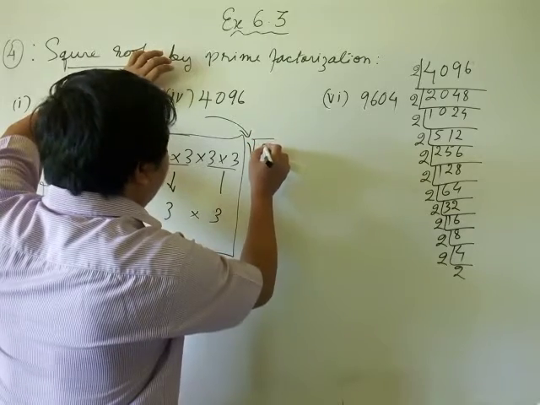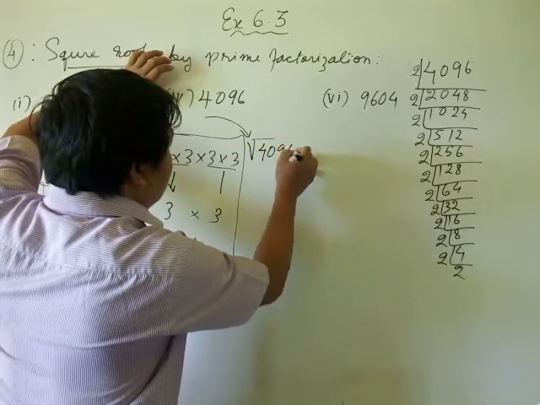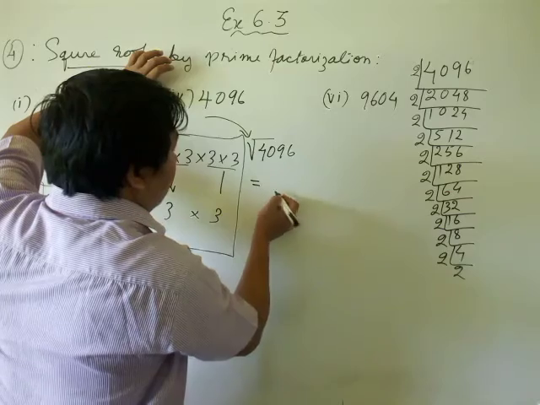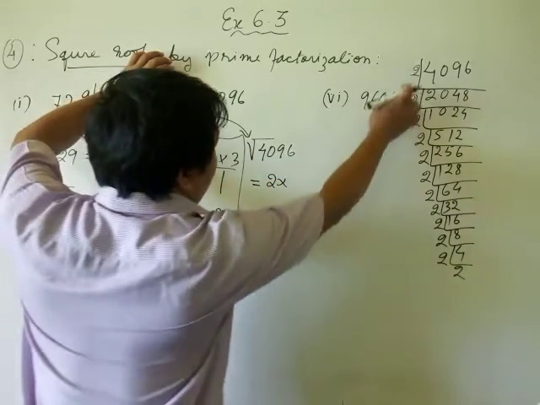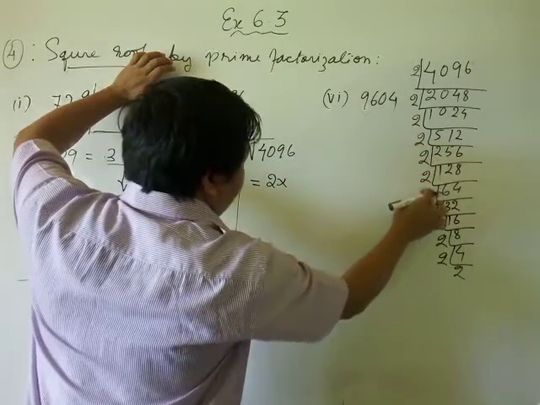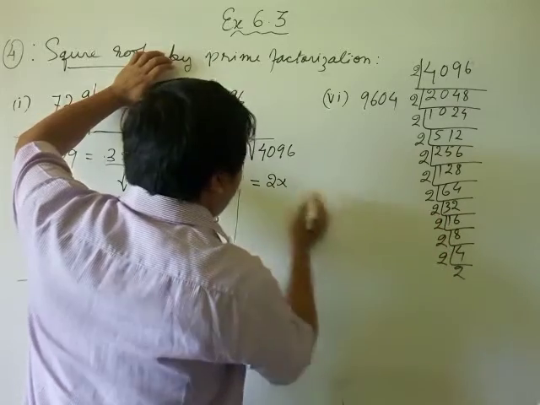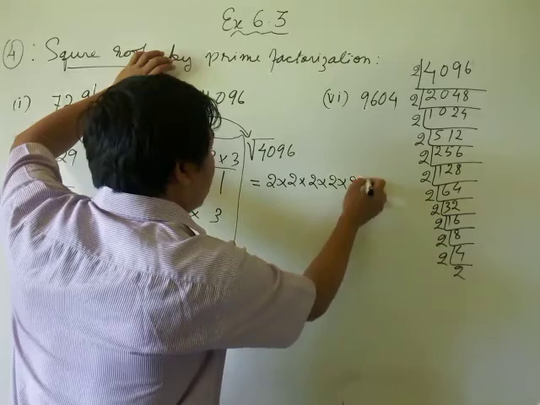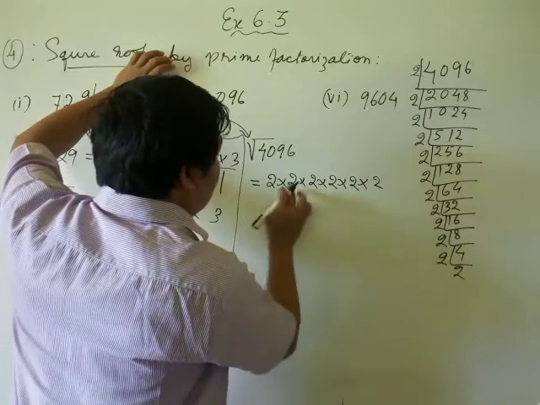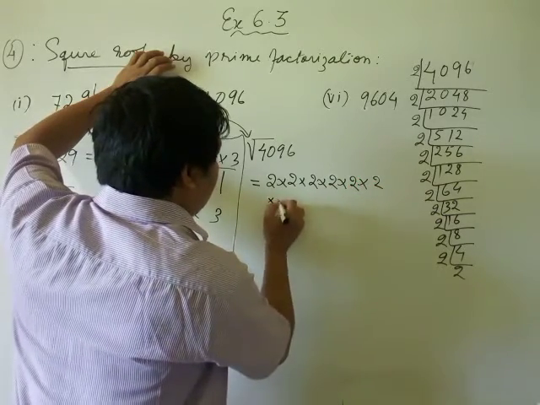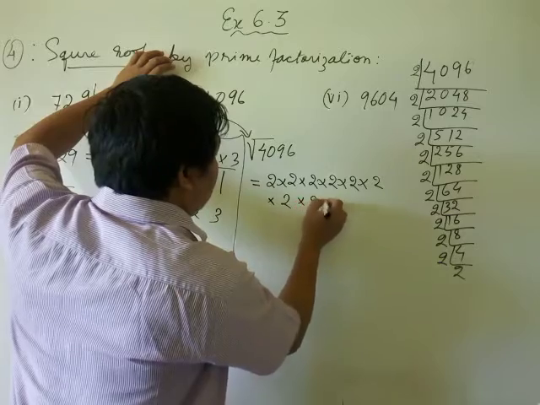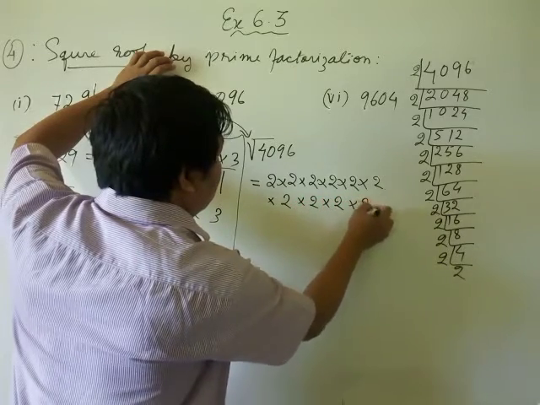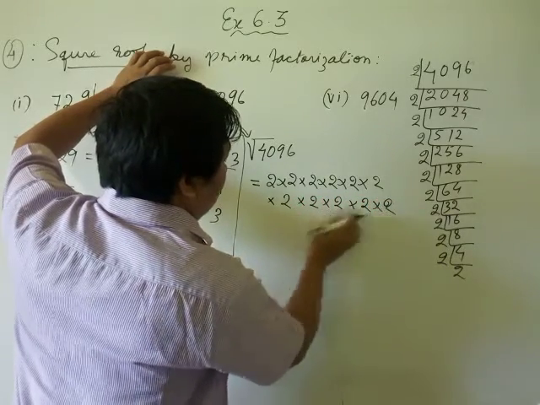So you can just write like this: square root of 4,096 is equal to 2 into how many 2s was it? 1 2 3 4 5 6 7 8 9 10 11 12. 2 into 2 into 2 into 2 into 2 into 2 into 2 into 2 into 2 into 2 into 2.